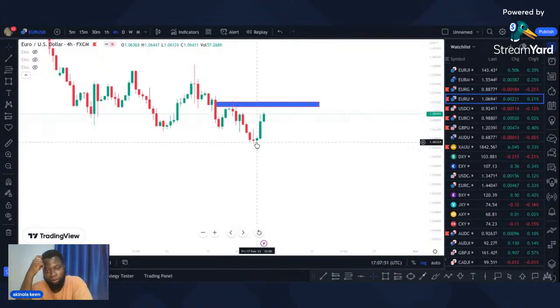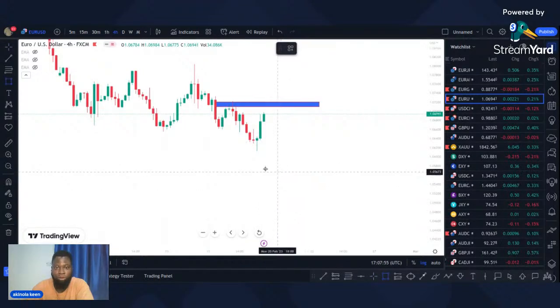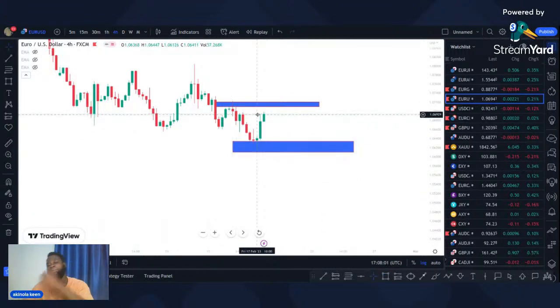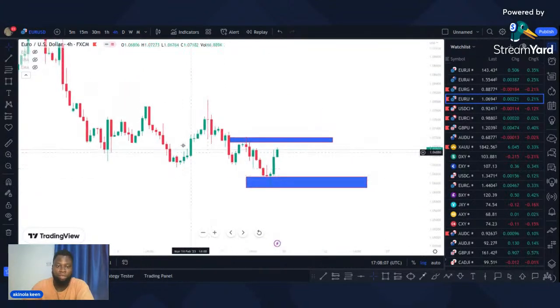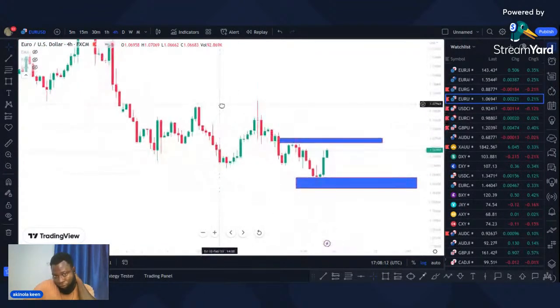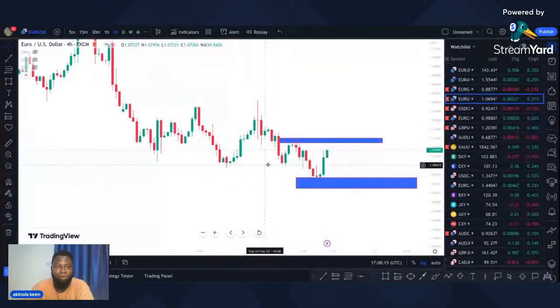You understand? And if the downtrend is going to continue, I expect this level to be broken. So after the price gets here, if it makes any sign of a rejection candle, that means the trend is going to continue downward. You understand? The trend is going to continue downward.